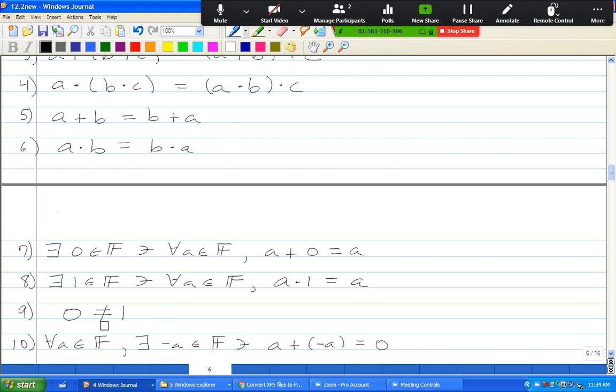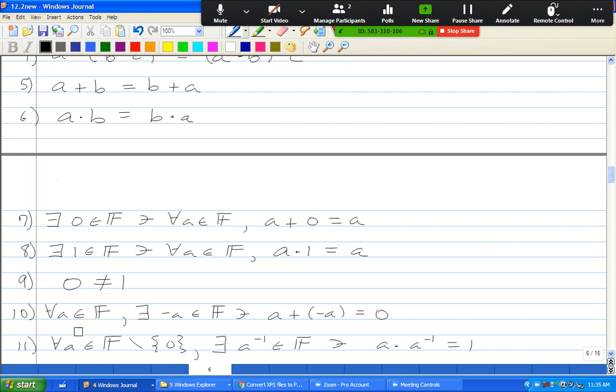It acts on every number in the field. And it's such that any number plus its additive inverse is the additive identity. And so this is a right additive inverse. And by the commutative property for addition, it's also a left additive inverse.